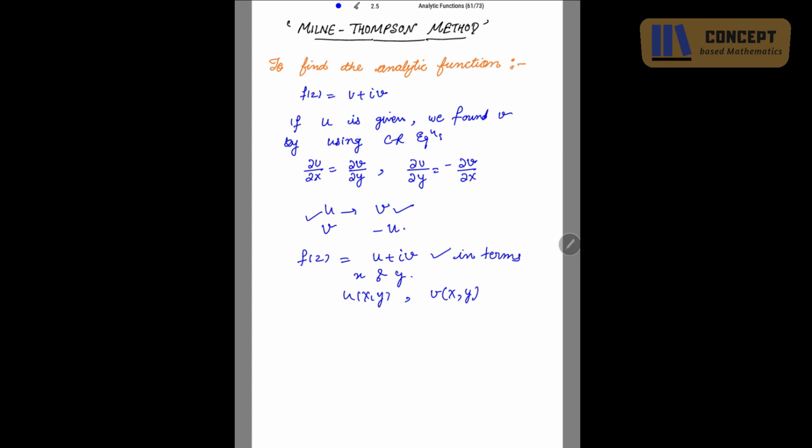Milne Thompson method is a very convenient technique of getting our function f of z in terms of z only. How we do this, I will tell you later on.